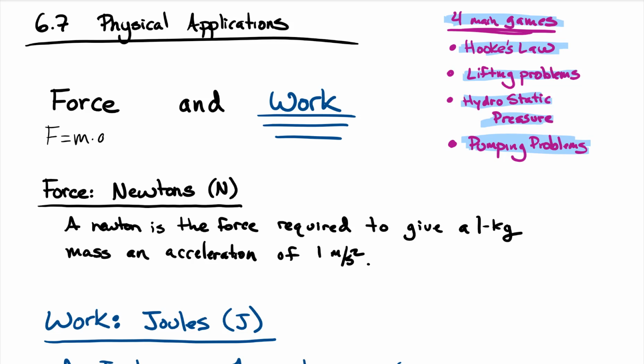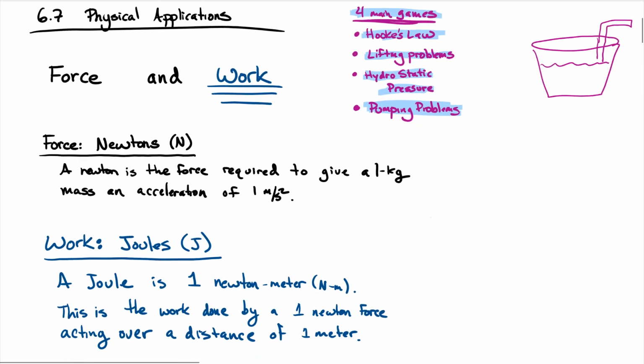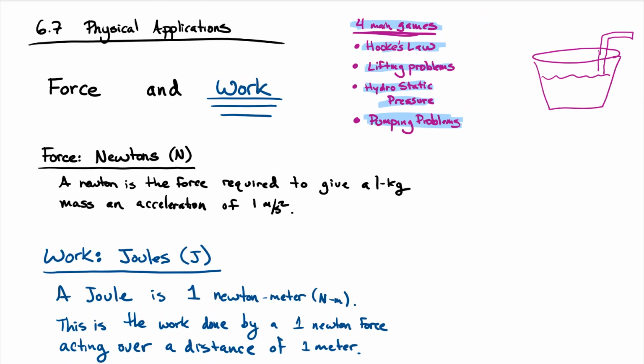There's this acceleration called gravity. So we could have force is equal to mass times acceleration. We could have force is equal to mass times, it's still acceleration, it's gravity. And man, we're going to play around with what mass is as well. Then we're going to talk about work. Now, work has to do with how much force is being done per some unit of distance.